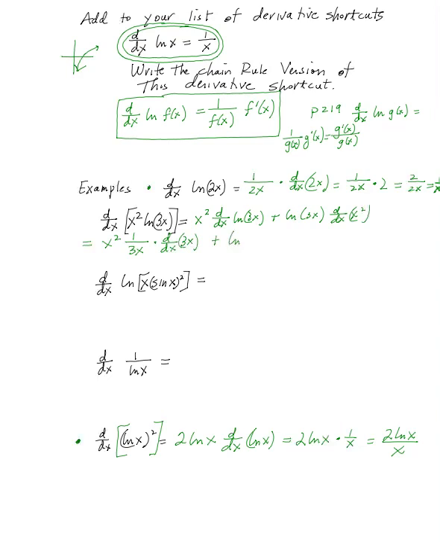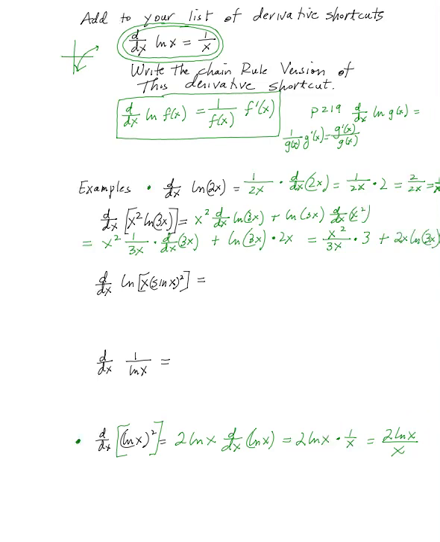Plus natural log 3x, derivative with respect to x of x squared is 2x. So I've got x squared times 1 over 3x, x squared over 3x, times the derivative with respect to x of 3x, which is 3, plus, let's just write our 2x out front. We typically write simpler things out front. We don't want this 2x to get connected up with the 3x and get 6x squared.